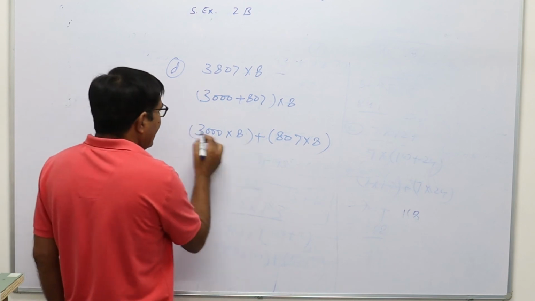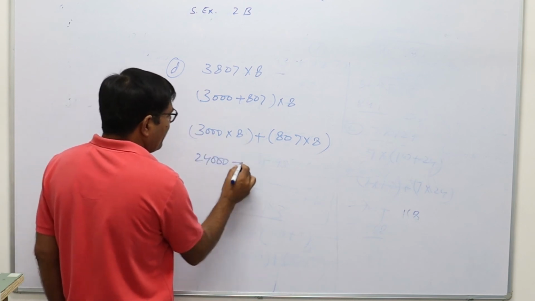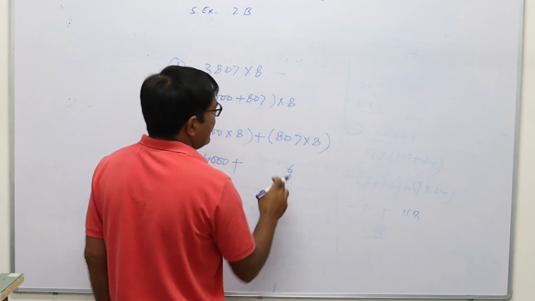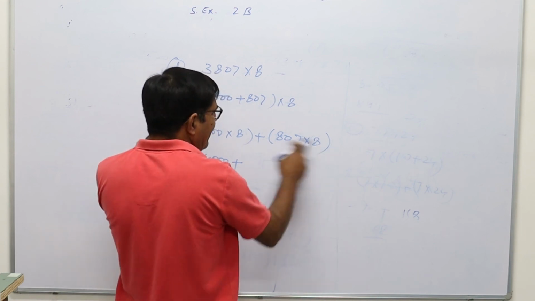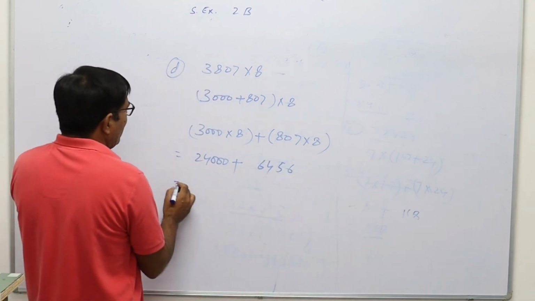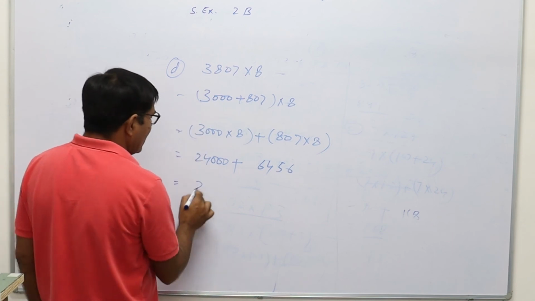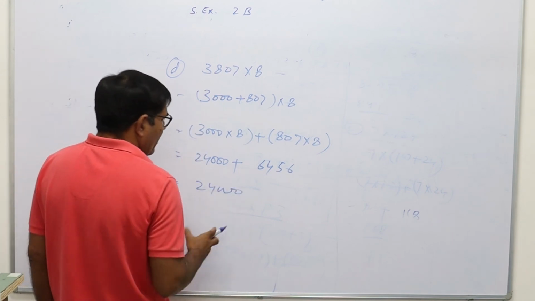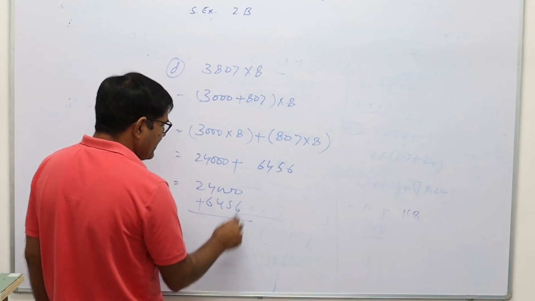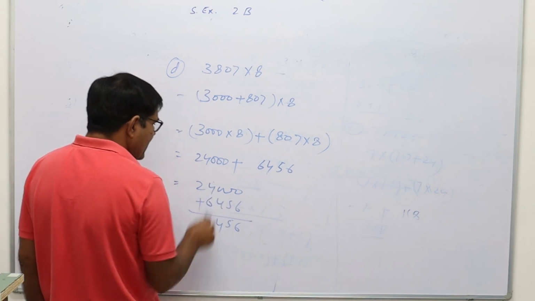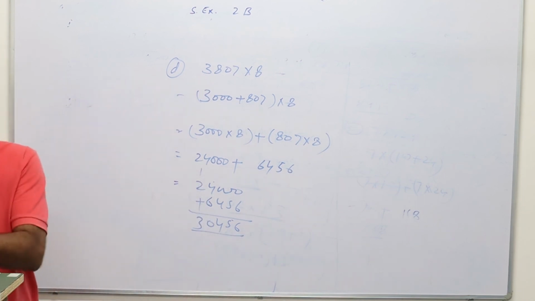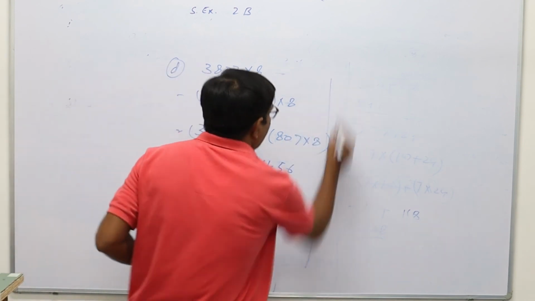Now 8 3s are 24, so 24,000. Here 8 7s are 56, 6 carry 5, and 8 8s are 64. So simply what you have to do now, 24,000 with 6,456. So result will be 30,456.